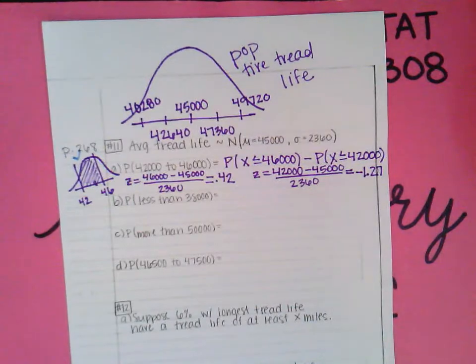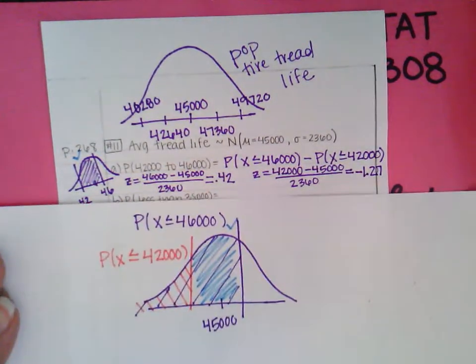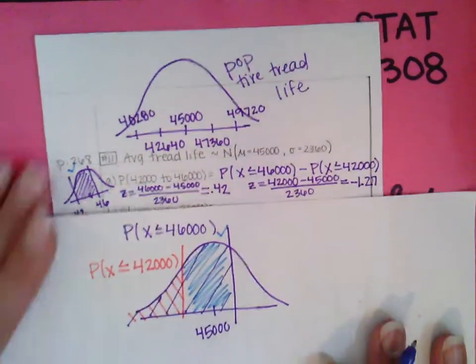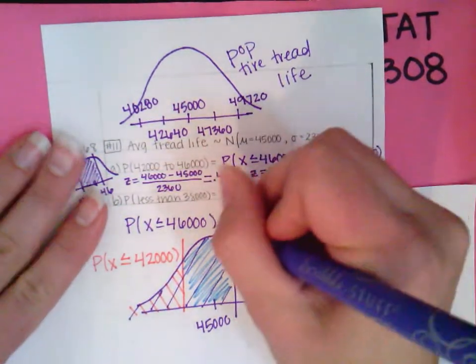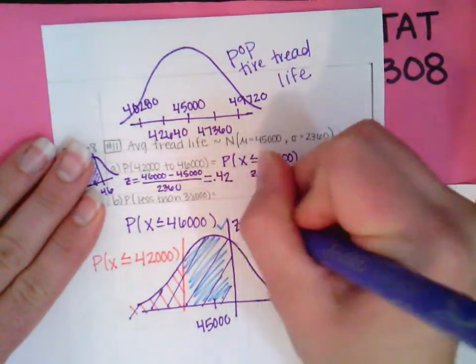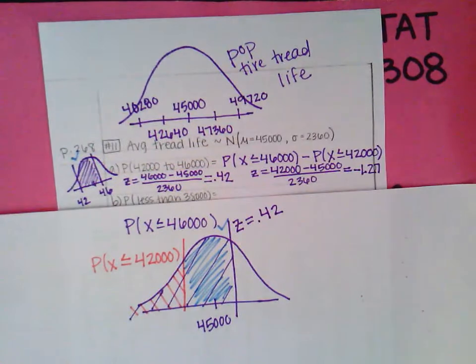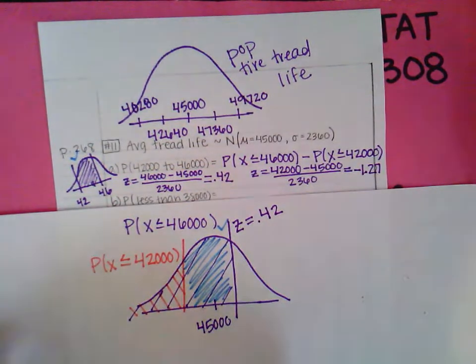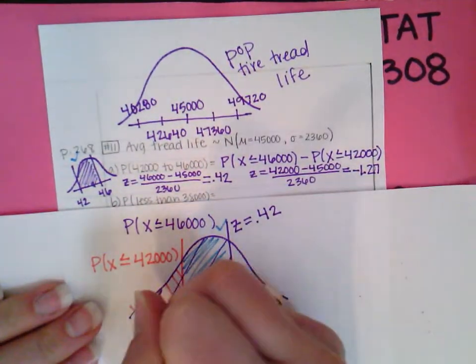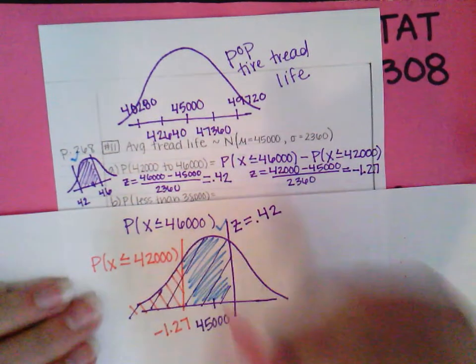Now I want to go back to our big drawing here, okay? And so this z-score is 0.42, and this z-score is negative 1.27.